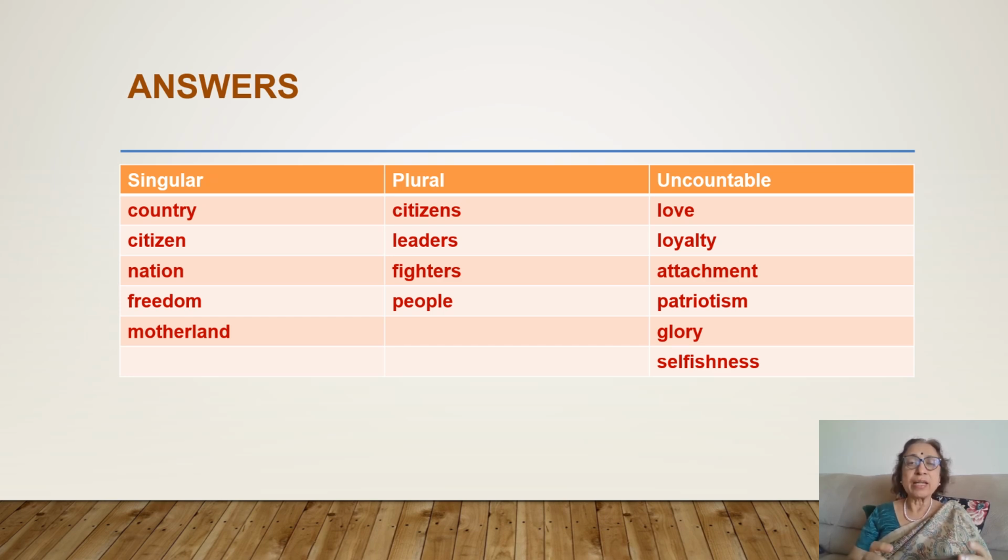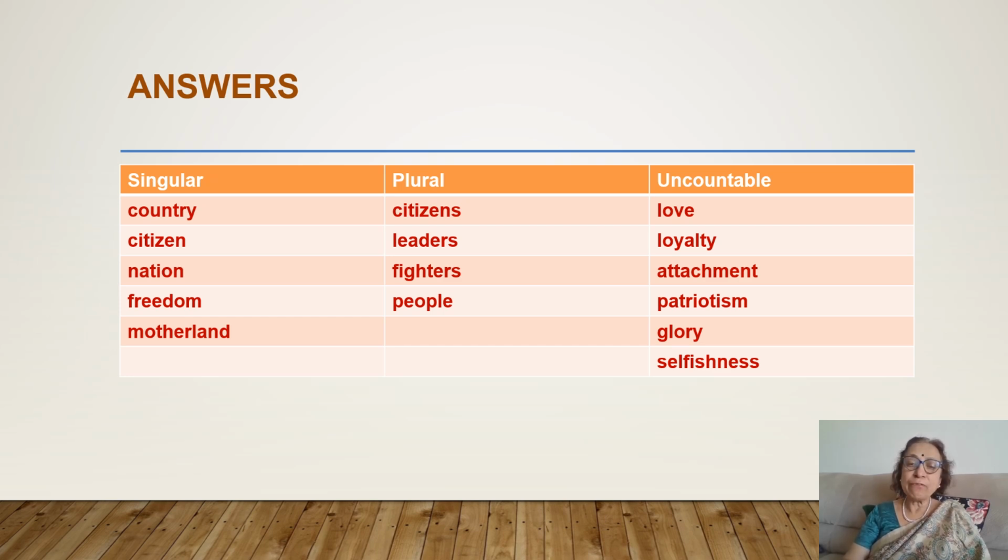So you can look at the word citizen, you can look at the word citizens, and you will find that both are there in this. Therefore, you have to put them in the singular column and in the plural column. But I've put them in the order in which they usually occur in the passage.